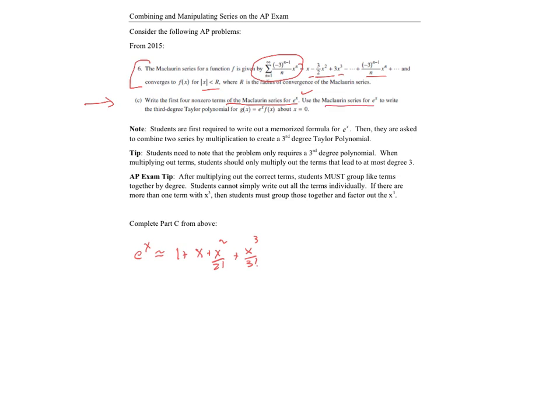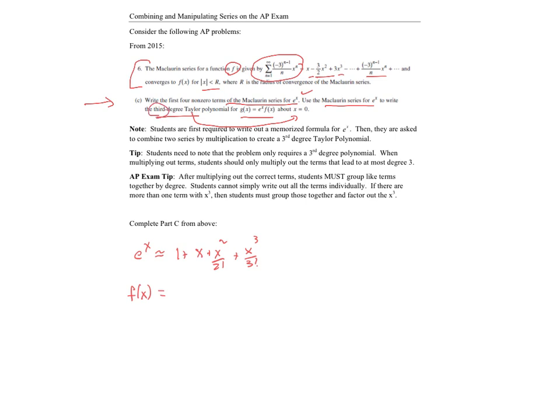Use the Maclaurin series for E to write a third degree Taylor G function, okay, which is going to be E times F here. Okay, well, I got to figure out what F is. Okay, and F is the one above. So I already have my E, so let's figure out the F. And again, it says Taylor about 0.